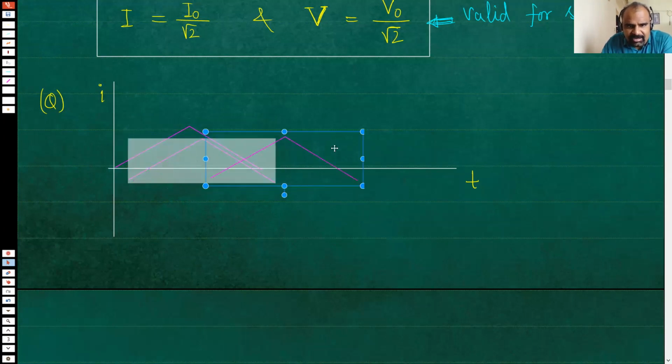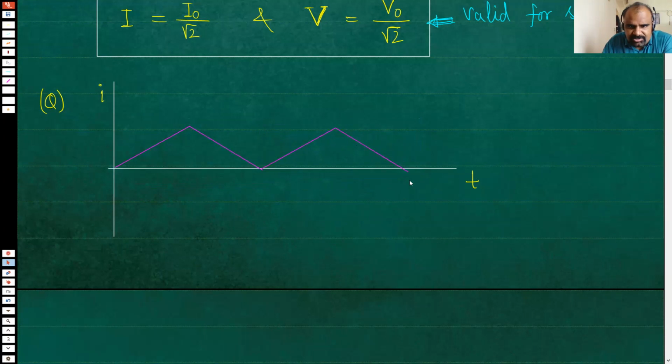I want to copy and paste like this. Can you see this is an AC? But this time you'll notice that this function is not like this. It is triangular.